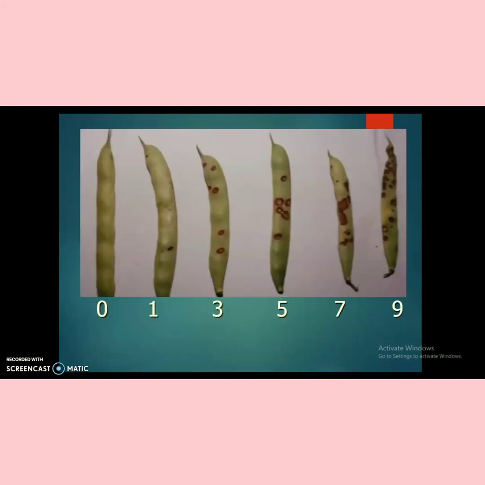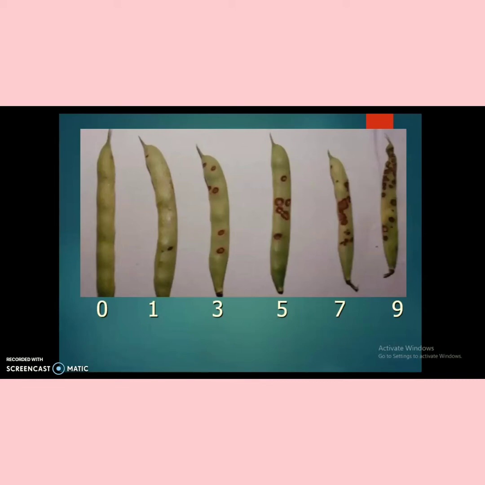In this picture we can see anthracnose disease of bean, where grades are allotted based on the percent infection on the pod. On the first pod, grade 0 is given because there is no disease. On the second one, grade 1 is given because we have small pinheaded spots.